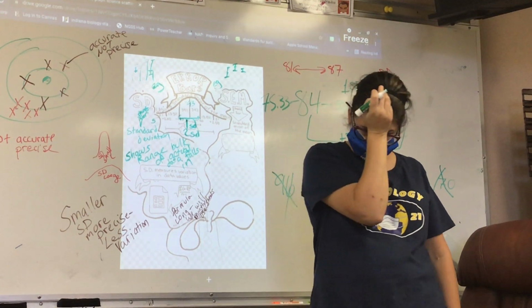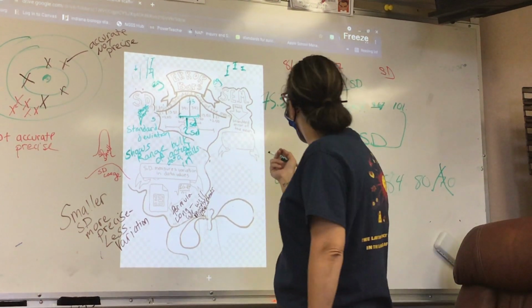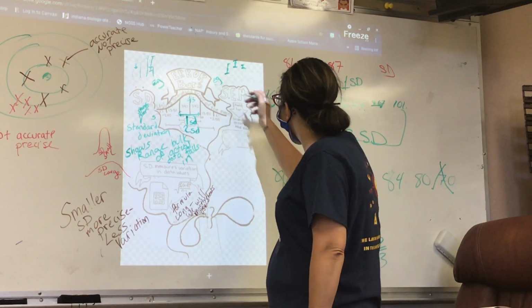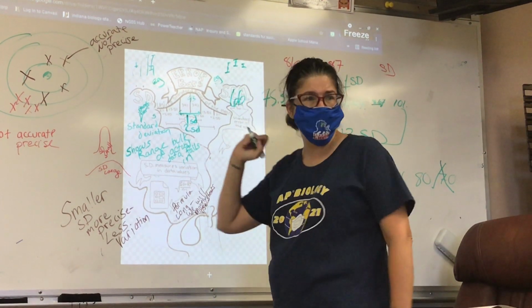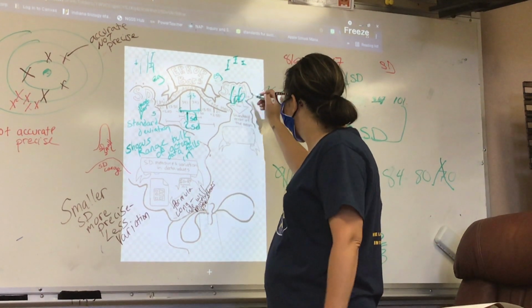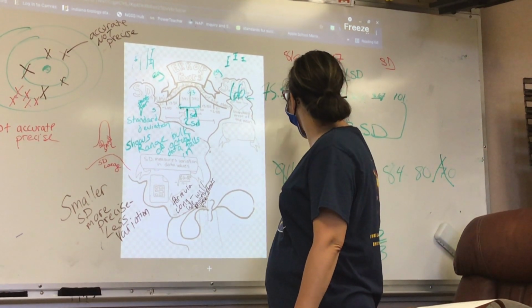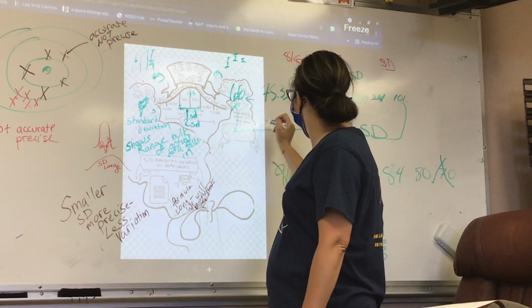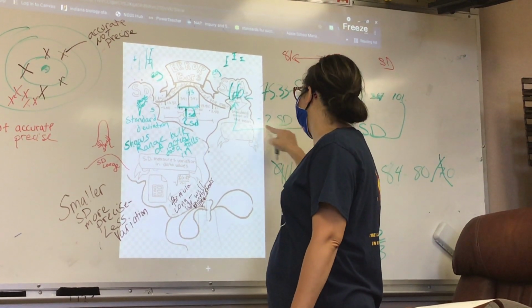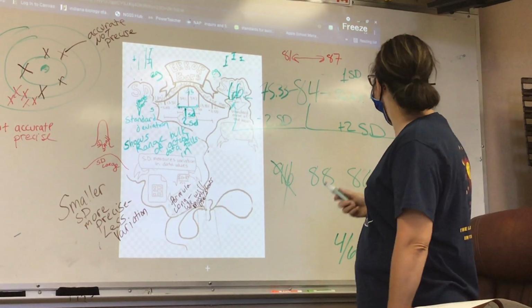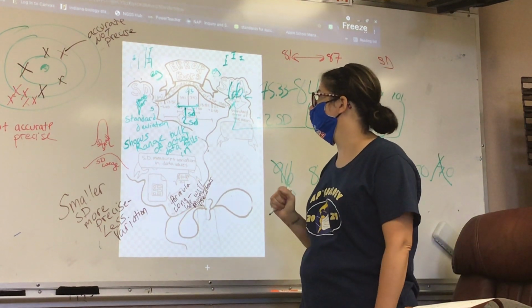Minus 9 is 66.33. So it's going to be somewhere around 66 point something. So if we had subtracted 2 SD, we would now have a range from 66 to 101.